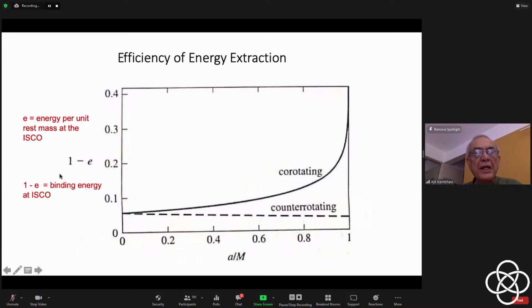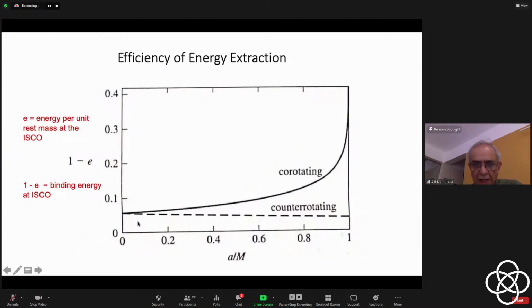1 minus E is the binding energy, because at infinity the particle has an energy of 1. So 1 minus E becomes the binding energy. This is the amount of energy you would have to give the particle to remove it to infinity, or you can say the amount of energy which has been released in taking the particle to the ISCO. And how much is it?